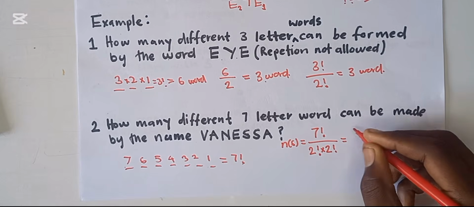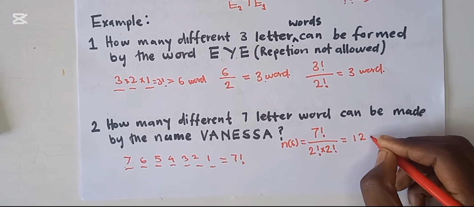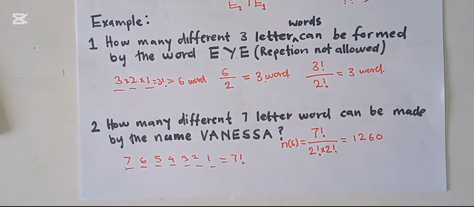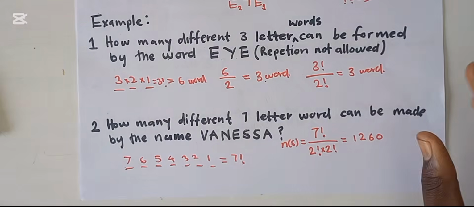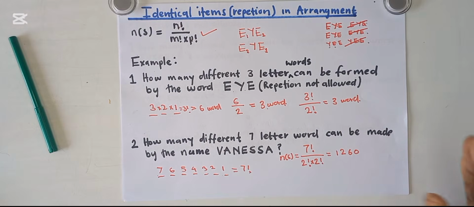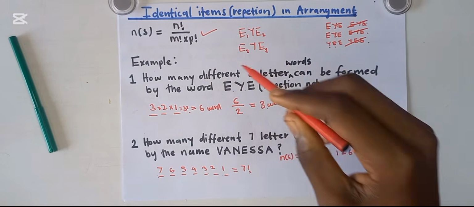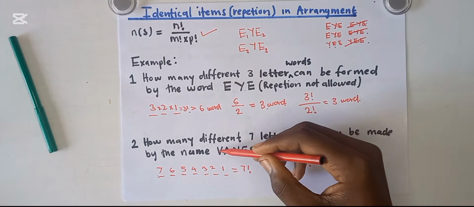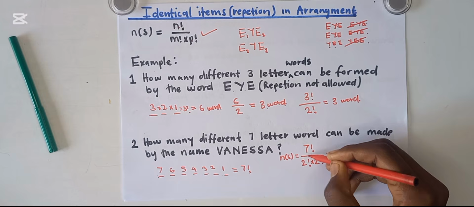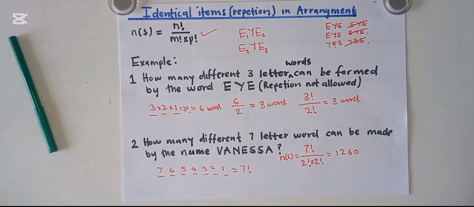If you put this on a calculator, you're going to get 1260 ways that can be formed by the word Vanessa. So what I want you to take away from this video, guys, is that when you're dealing with words that have repetition, you first count the number of letters, write the factorial, and divide by the letters that repeat.